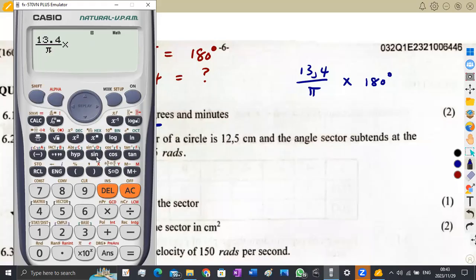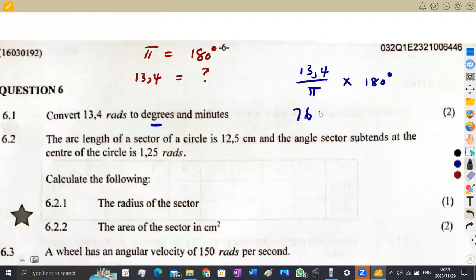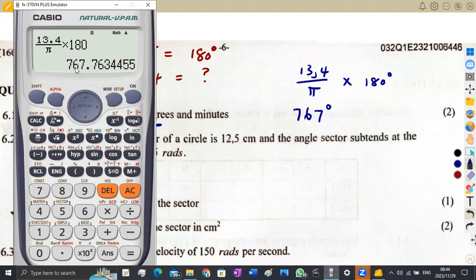You're going to multiply by 180 degrees. Okay, so it gives us the angle, which is 767 degrees. The whole number represents the full angle that you're going to have, so we have got 767 degrees.